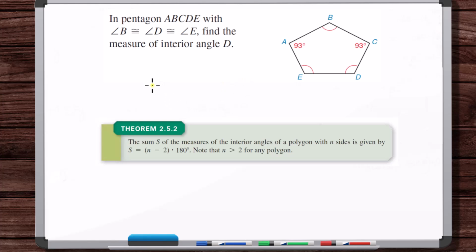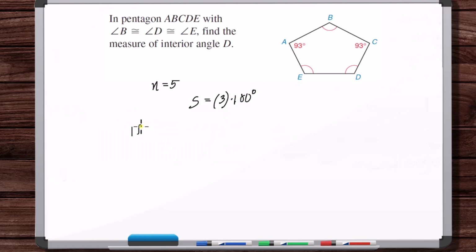This is a pentagon, so n is equal to 5. So S is going to be equal to 5 minus 2, which is 3, times 180 degrees. So 180 times 3, 8 times 3 is 24, so 540 degrees is the sum of the measures of all of these angles.